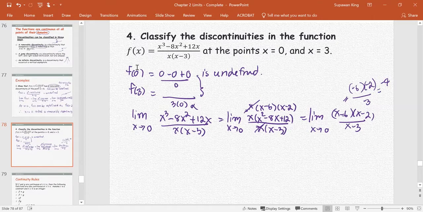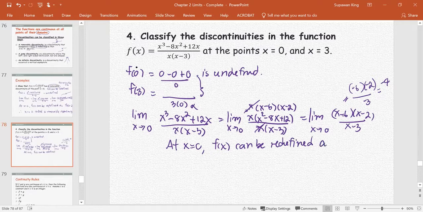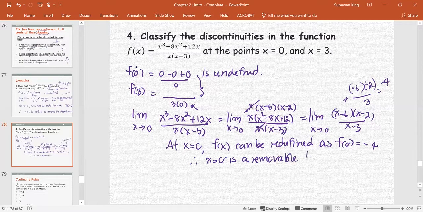We can find the limit value as x approaches 0, so we can redefine f at x equals 0 as f(0) equals negative 4. That means x equals 0 is a removable discontinuity.